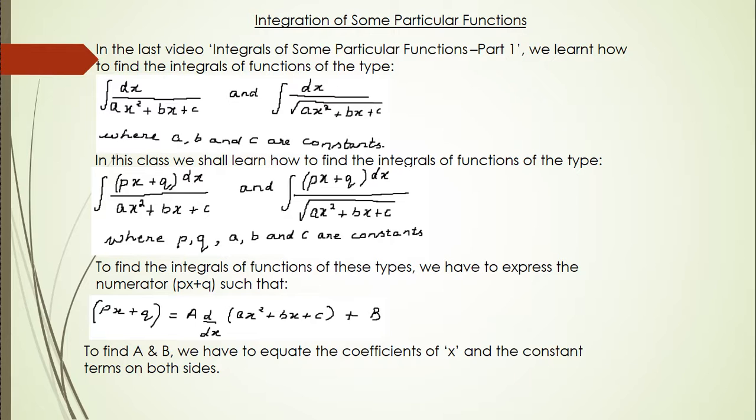To find a and b, we have to equate the coefficients of x and the constant terms on both the sides. After a and b are obtained, the integral is reduced to one of the known forms. We will now solve a few problems which will make the process clear.